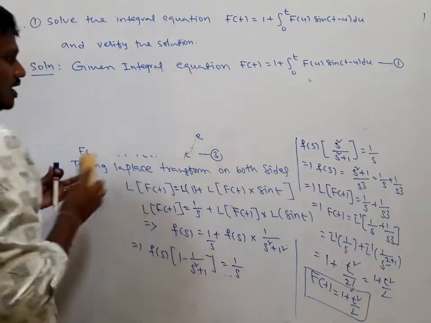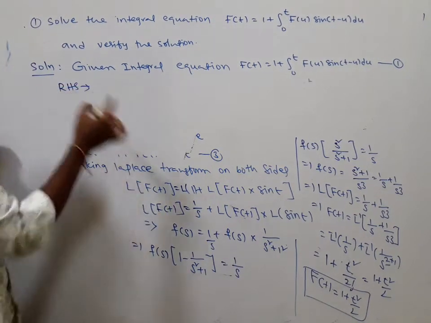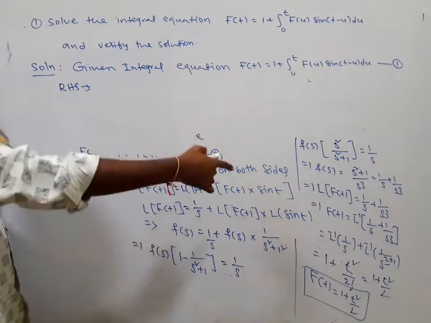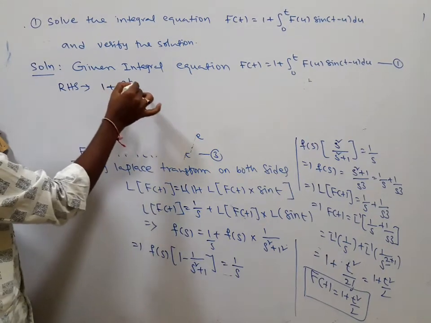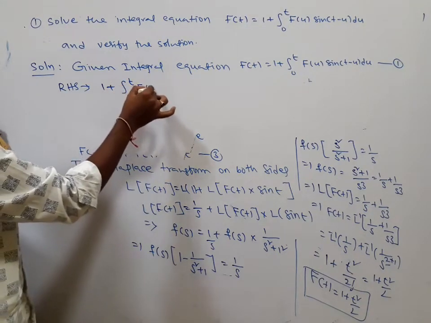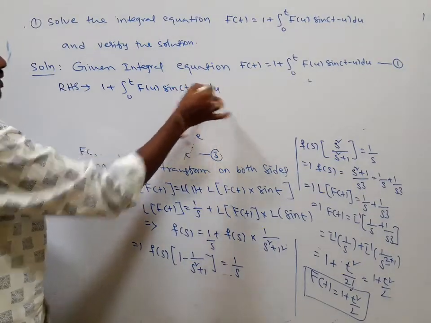If I concentrate on the right side, RHS, and simplify with this f of t, what is there? 1 plus integral 0 to t f of u sine of t minus u du.